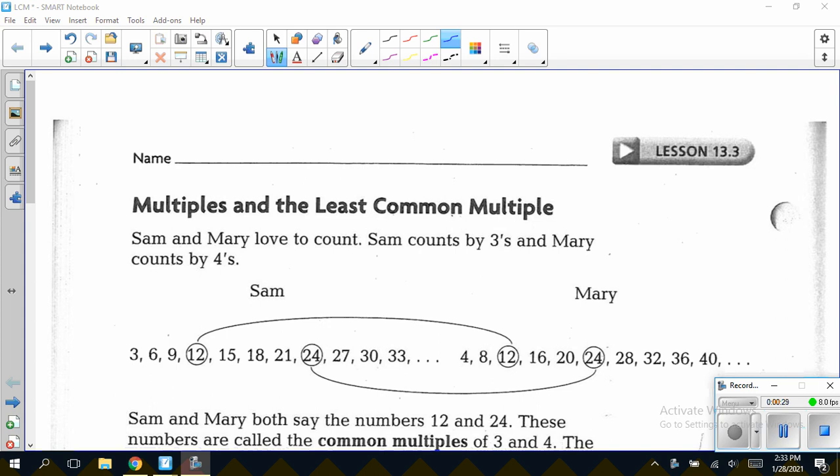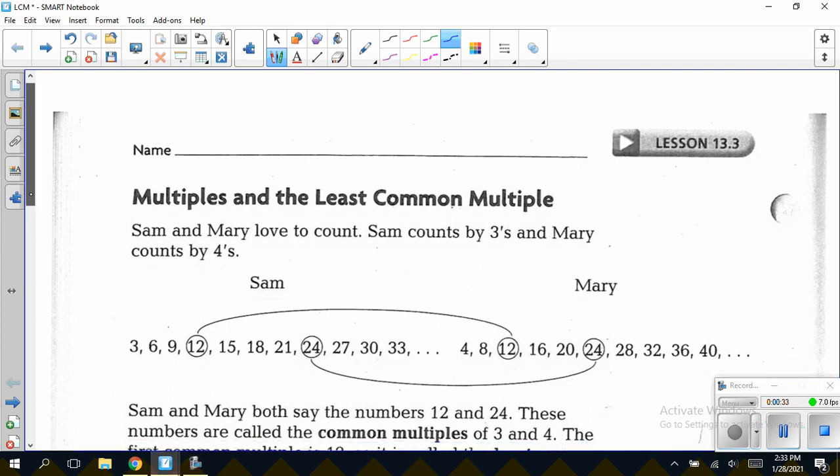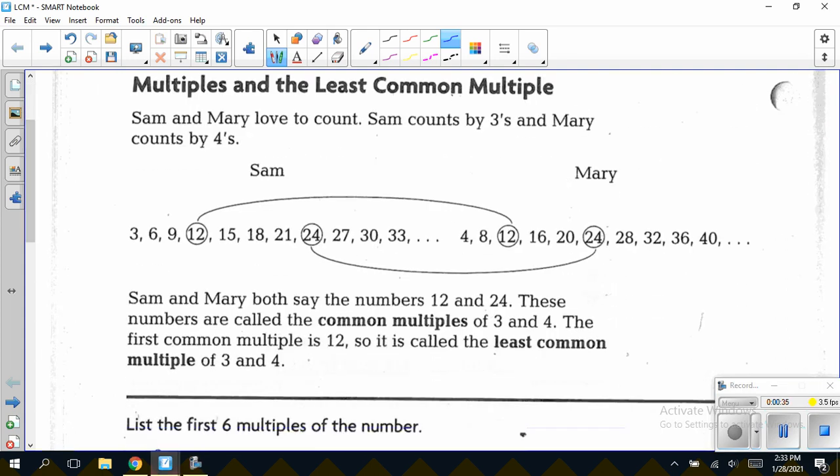So you can see from my very first example with our least common multiples that we have an example that says Sam and Mary love to count. Sam counts by 3s and Mary counts by 4s. So notice that when you list Sam's numbers counting by 3s and you list Mary's numbers when she counts by 4s, Sam and Mary both say the numbers 12 and 24.